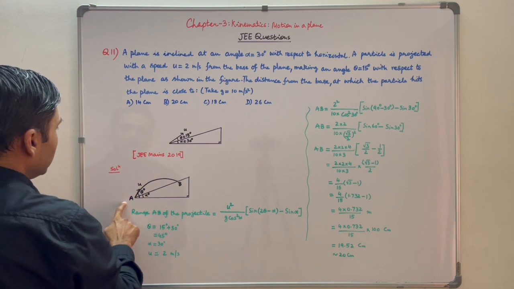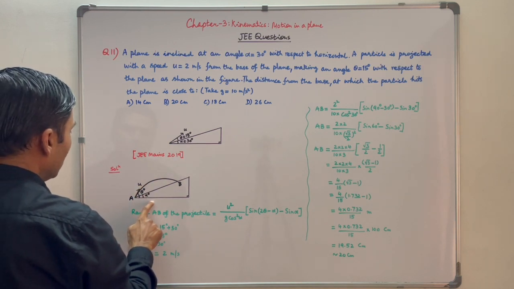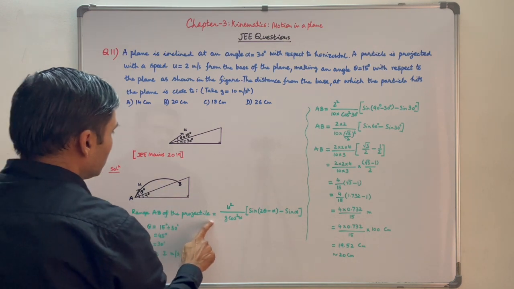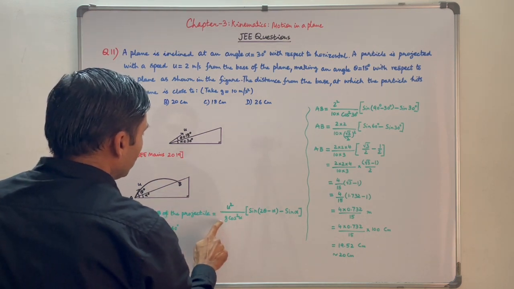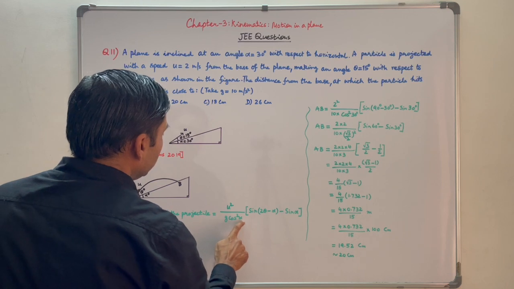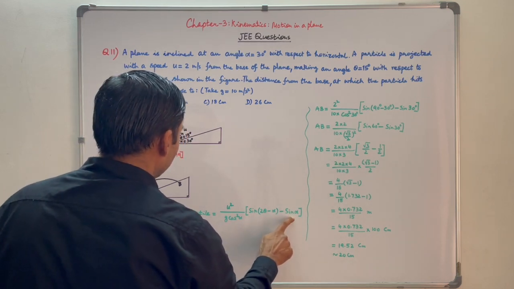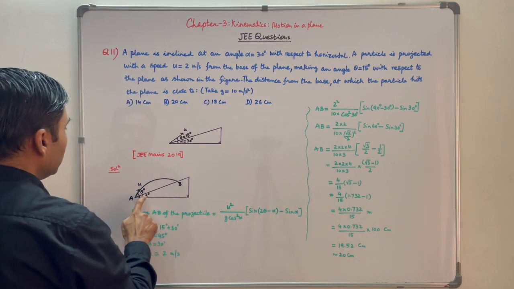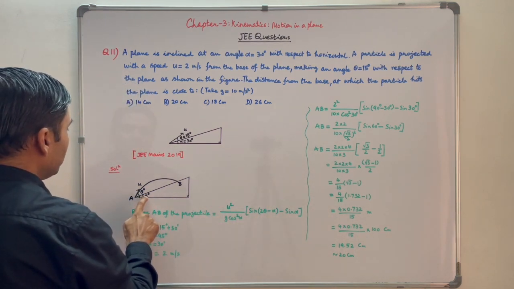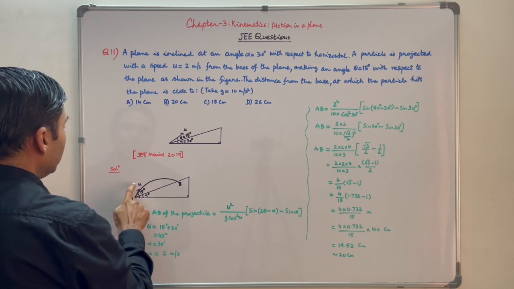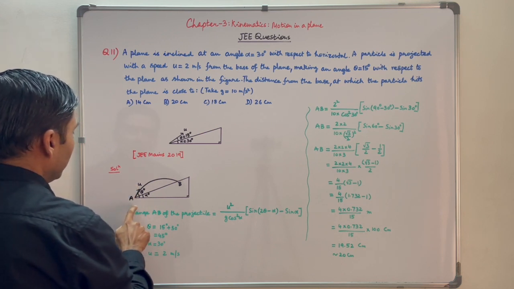We have read that in this particular scenario, range AB of the projectile is given by this formula, u square upon g cos square alpha into sine of (2 theta minus alpha) minus sine alpha, where alpha is the angle of inclination of the plane and theta is the angle made by u with horizontal.